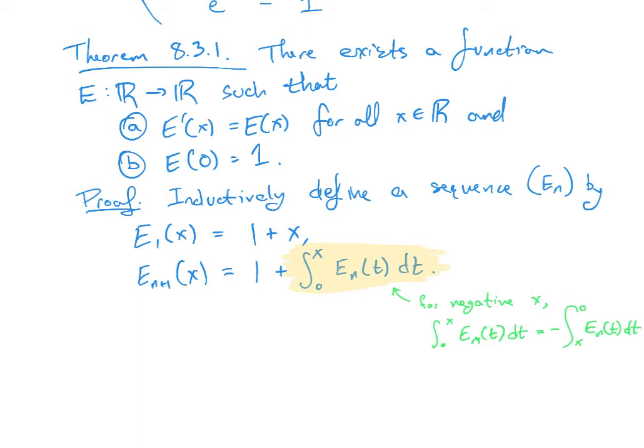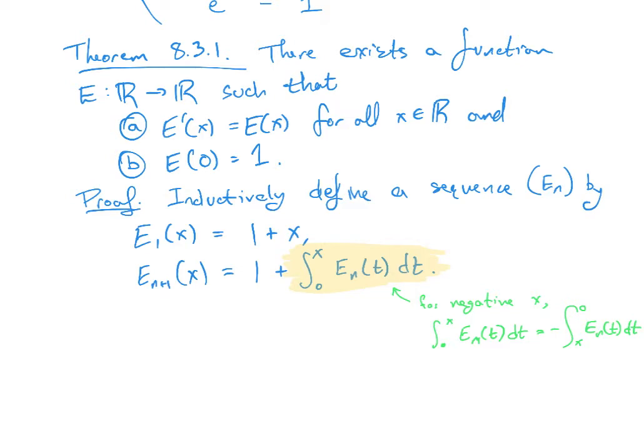Well, we need to know that e sub n is integrable. Okay? Well, e sub 1 is continuous, so that means e sub 2 is well defined. You need continuity of e sub n to get that e sub n plus 1 is well defined, that the integral exists. But then we have a theorem that says that if you are the integral of an integrable function, then you are continuous. Okay, and so this just gives us an inductive proof.